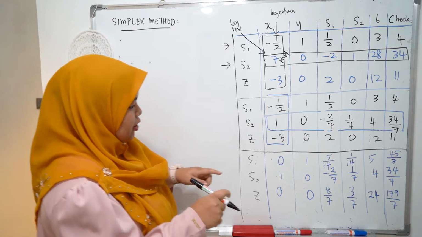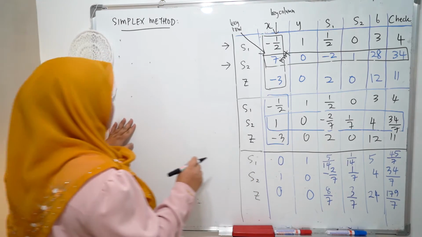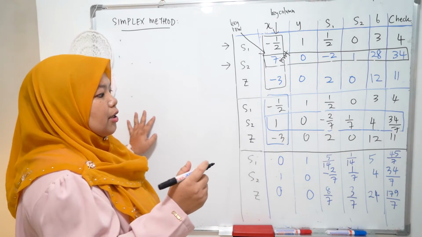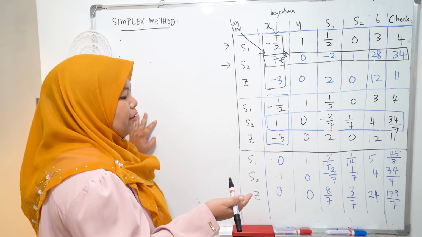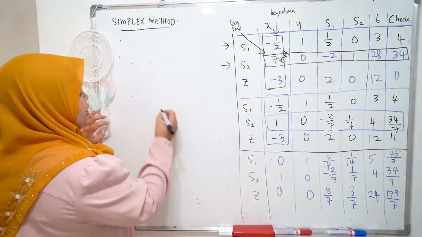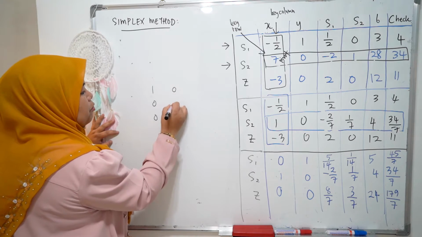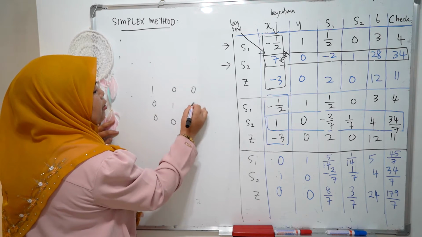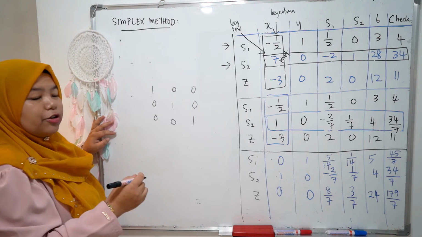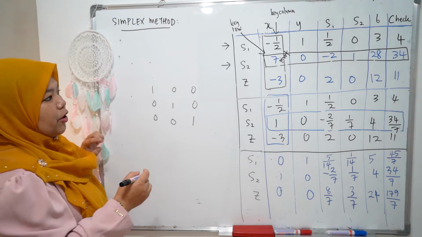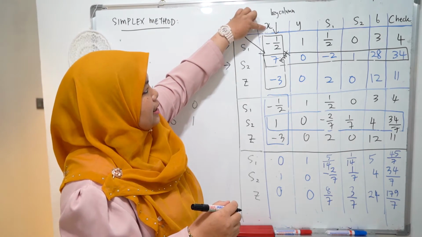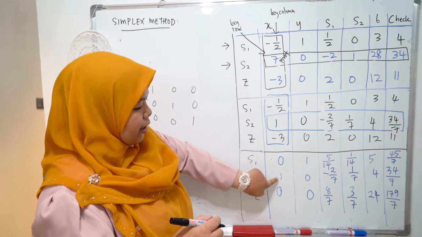Before that, if in the table they have an identity matrix, which is 1 0 0, 0 1 0, 0 0 1, you have to do something with this. For example, x times 1.